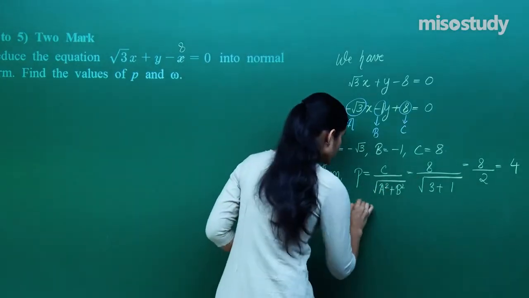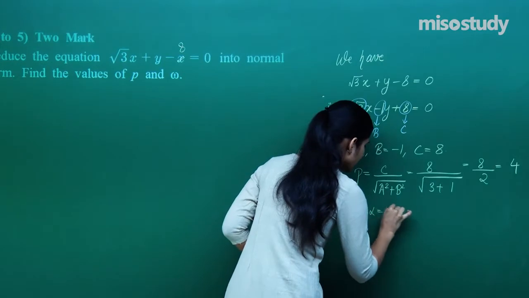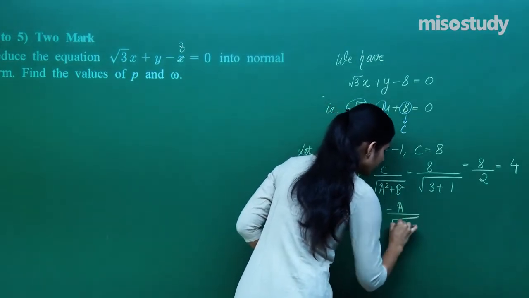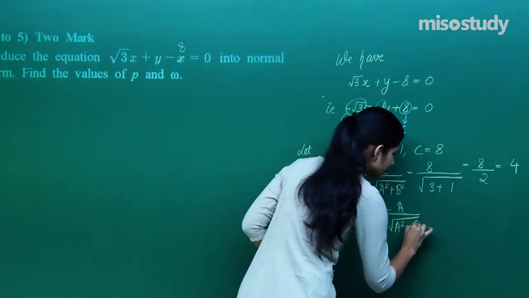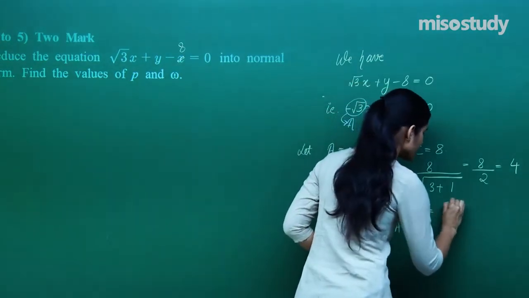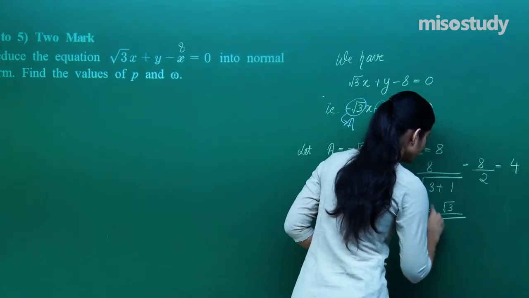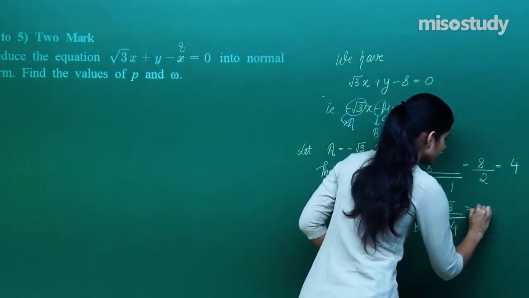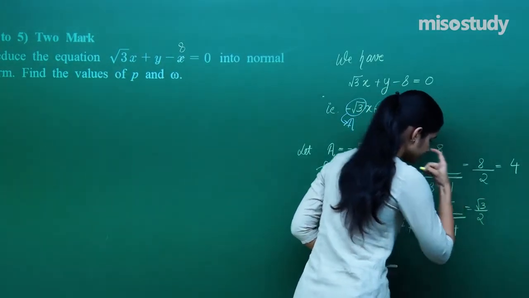Cos alpha is minus a upon under root a square plus b square. Minus a is minus root 3, so minus of minus root 3 is root 3 upon under root a square plus b square, that is root 3 by 2.